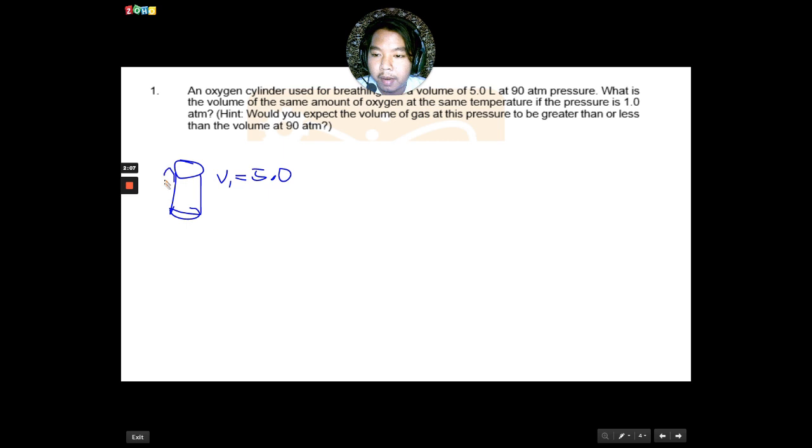Lagyan natin ng backpack para kunwari pang scuba diving siya. Hindi yan thermo. That's a backpack, an underwater tank. Sige, 5.0 liters. That's the initial volume. And the pressure here is 90 atm. So the initial pressure is 90 atm. It's very realistic because it's being used underwater.